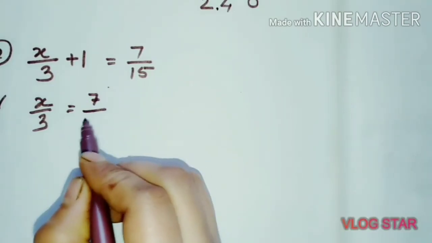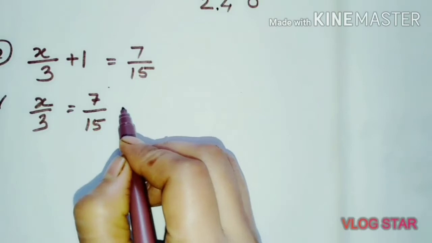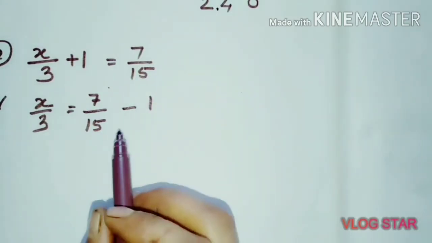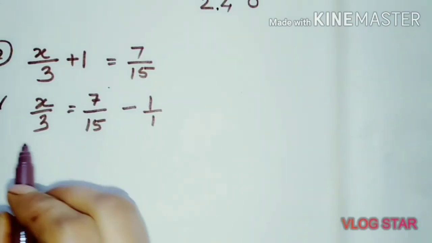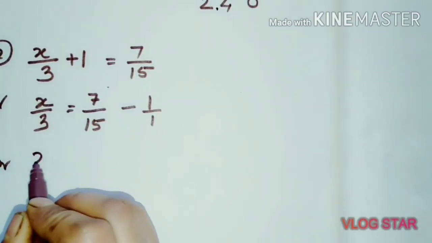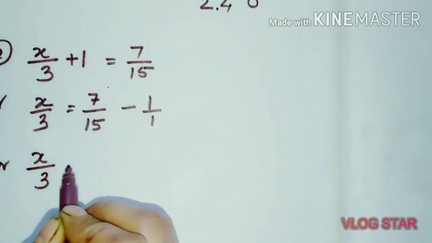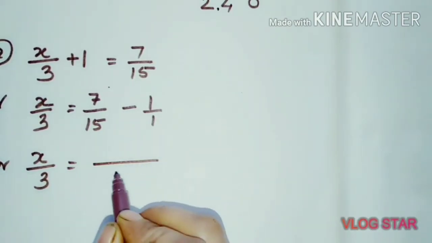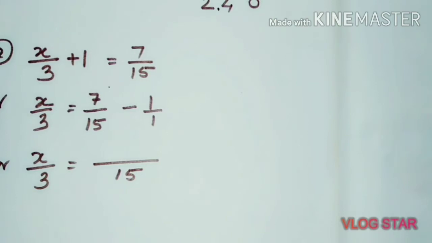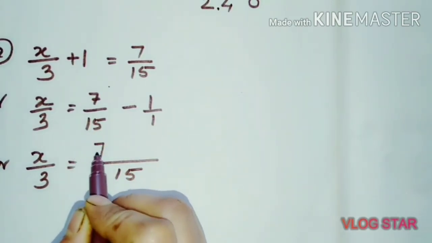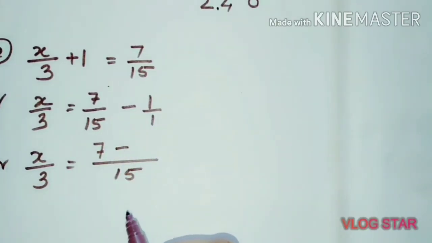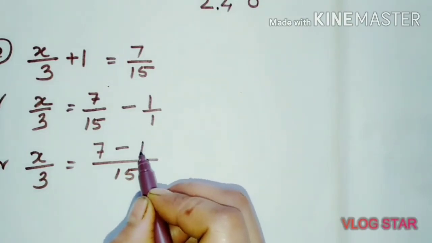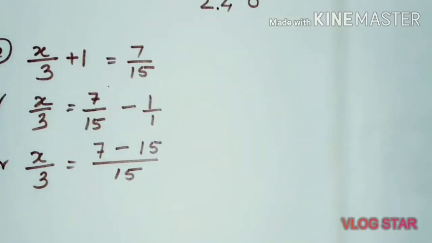7 upon 15 minus 1. Now this 1 we will write as 1 upon 1. Now you have to take the LCM to solve this. x upon 3 is equal to, the LCM is 15. Now 15 is dividing 15 once, so in the numerator it is 7, and 1 divides 15 fifteen times, and 15 into 1 is 15.